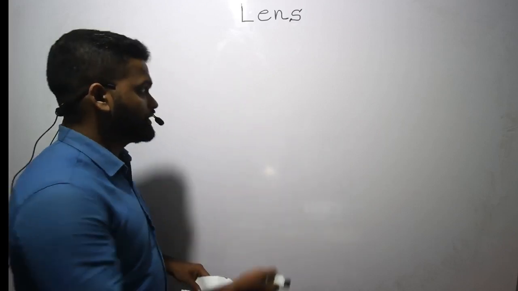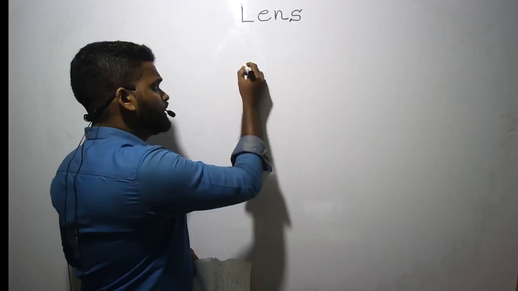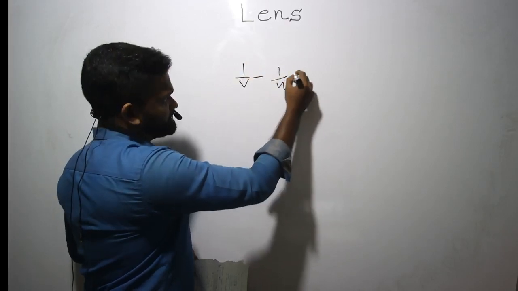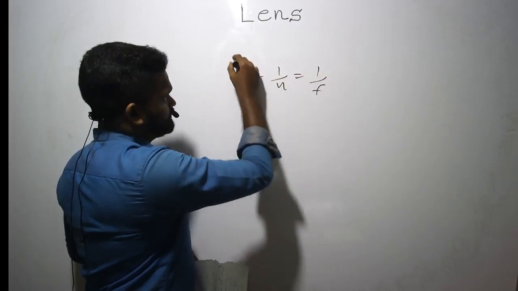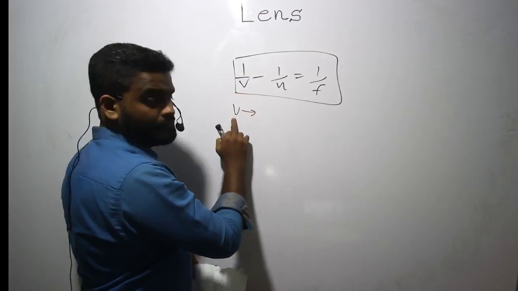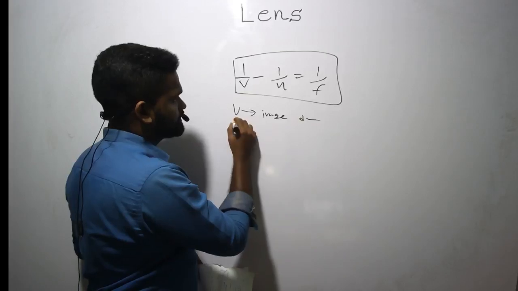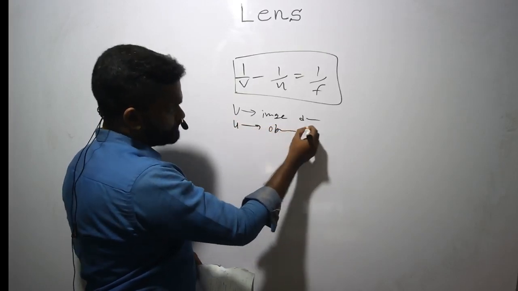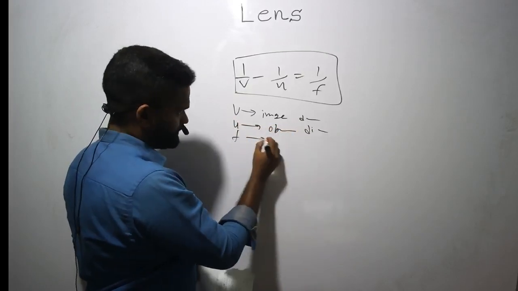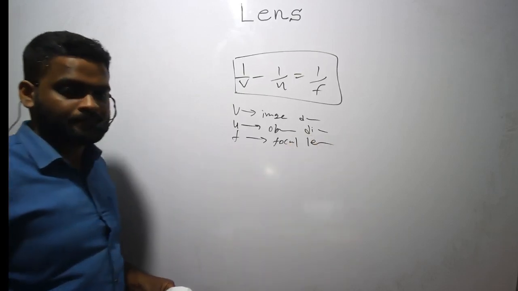So the lens equation, this is also called the common lens equation. 1 over V minus 1 over U equals 1 over F. So V is the image distance, U is the object distance, F is the focal length. Okay.